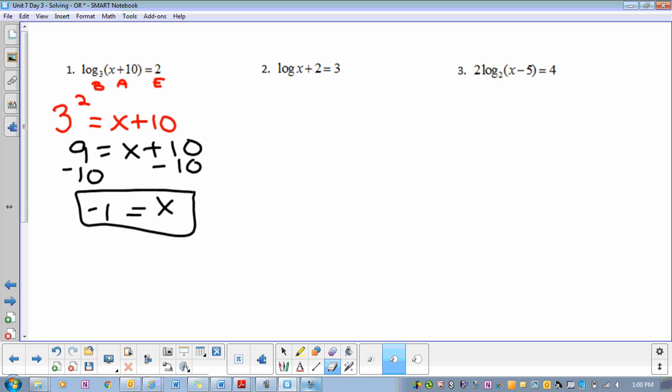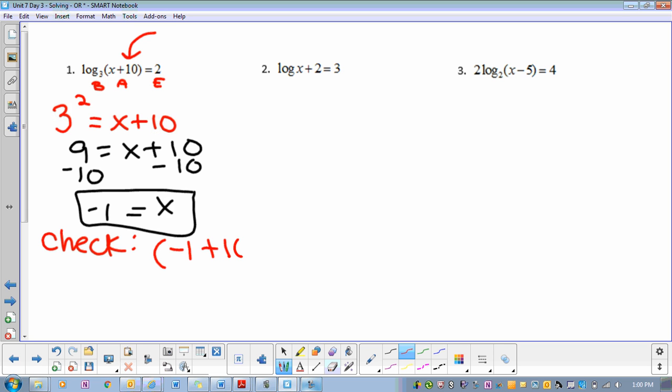So don't forget that you need to check, and this is how you check. You gotta plug it into your parentheses, in log form. Right after your log, put it into that parentheses, into that x there. -1 plus 10.